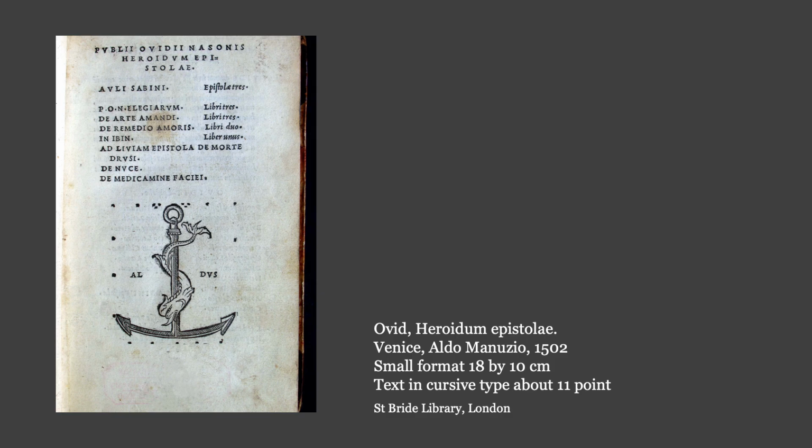The type is a cursive. Before we move on, notice that Aldus has introduced a kind of printer's mark. A dolphin and an anchor, supposedly the speed of the dolphin and the steadiness of the anchor, combined as a symbol of his work.